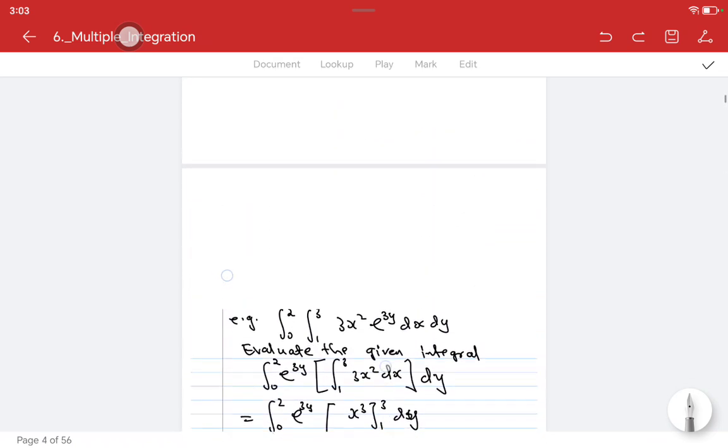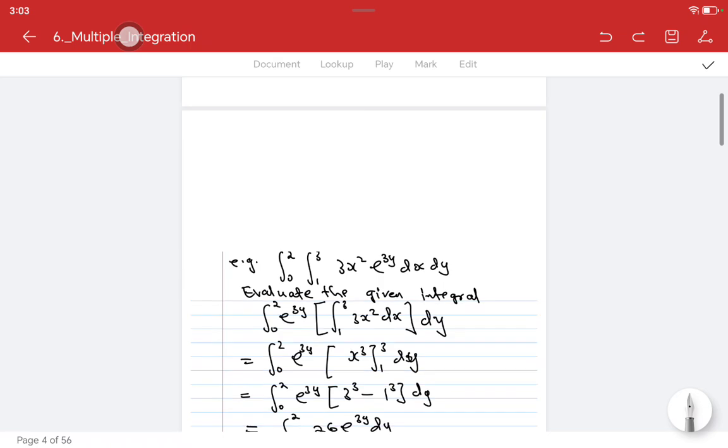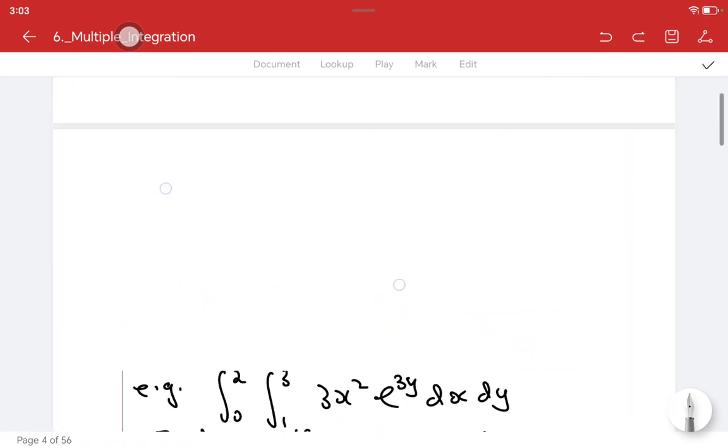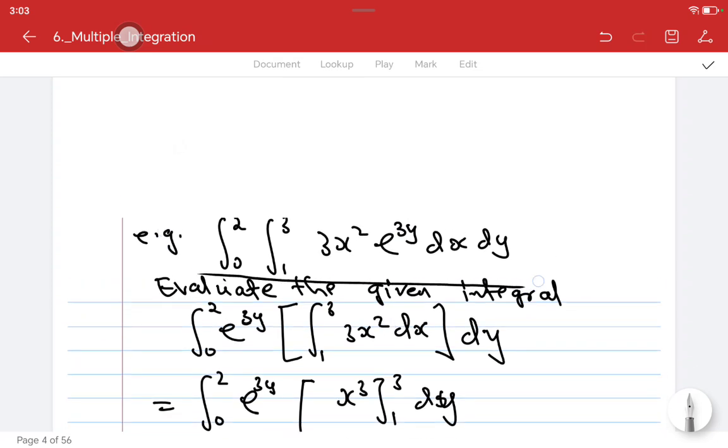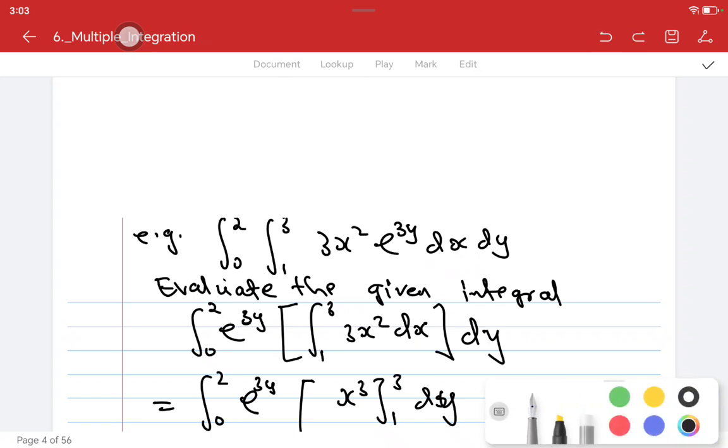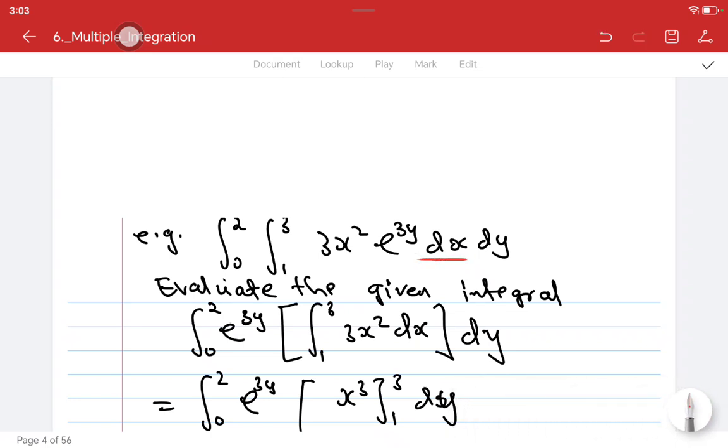Let's look at the first question that we have. We must integrate this, and here we realize that what's inside it is dx. So it means that anything that has to do with y will be taken as a constant, right? Then we can start by integrating this 3. We're going to take this out as a constant like we did here.